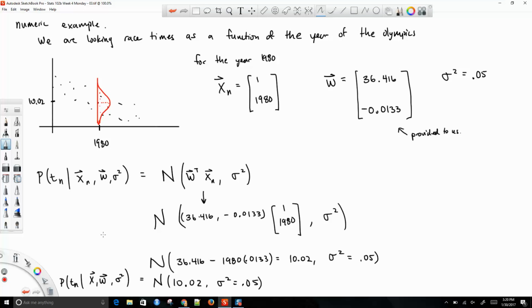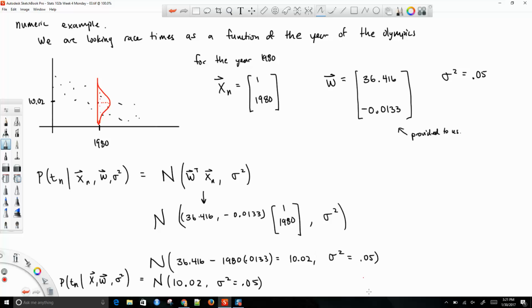Now that we have a model of how our data is generated, and the model includes this probability density, we can calculate the likelihood of every single data point. Based on this, we can calculate the probability of the actual data point. In 1980, the actual time was, oh, here it is, 10.25.